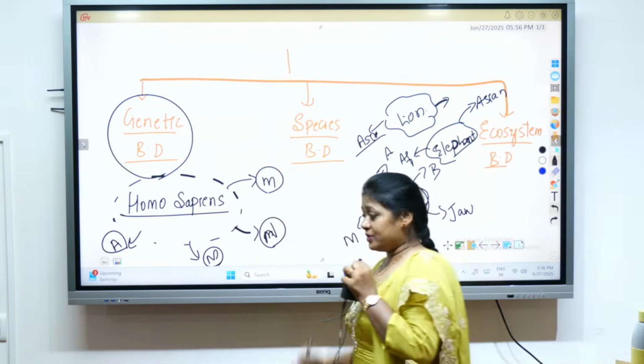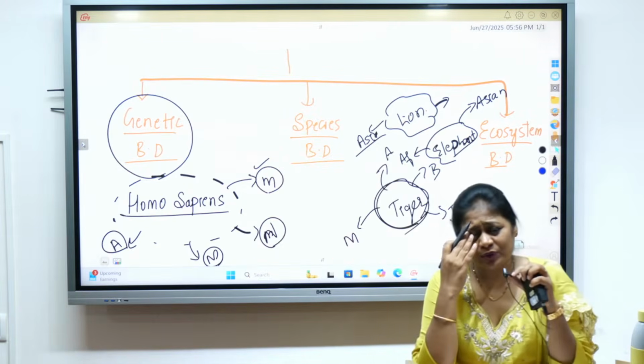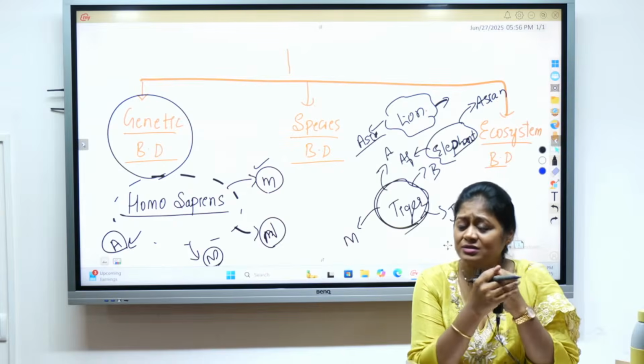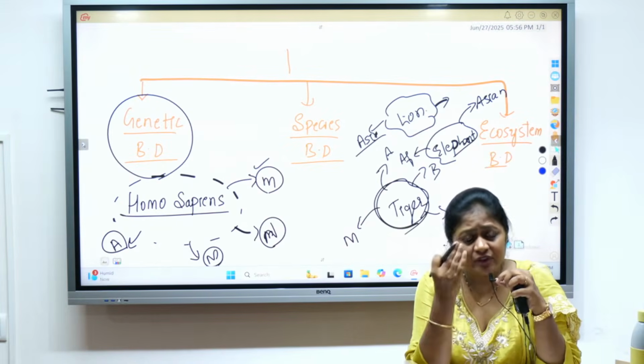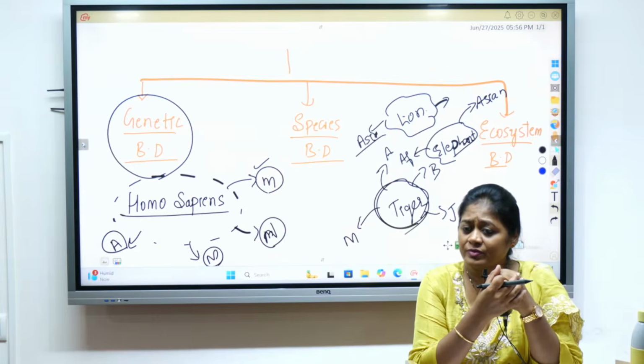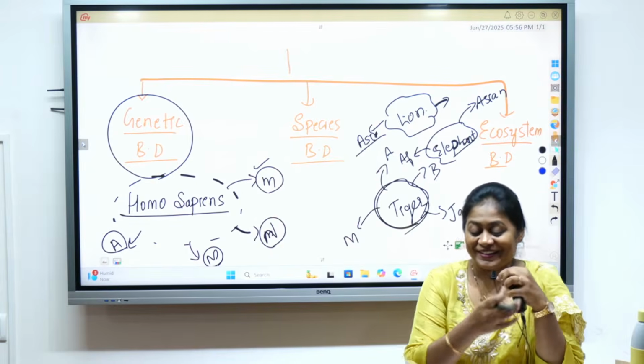In Homo sapiens, human beings, not only this. So some people will be having cat eyes. Some people will be having blue eyes. Some people is having grey eyes. Aishwarya's eye color, what is it?